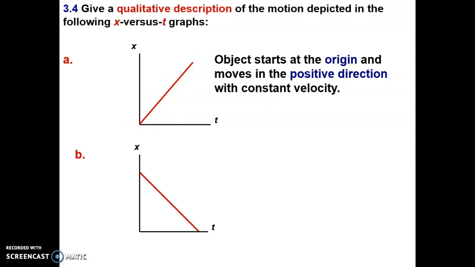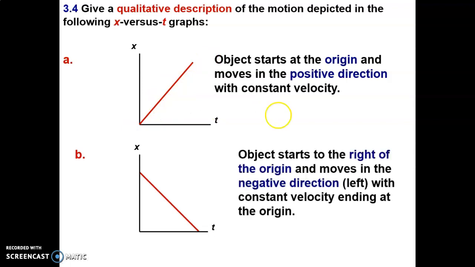Try the second graph. So in the second graph, the object is starting away from the origin, so that would be here. Okay, this is a car that's starting away. Let's say maybe the origin is a stoplight.